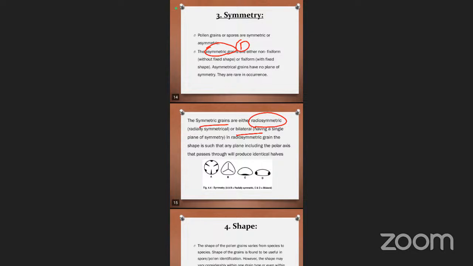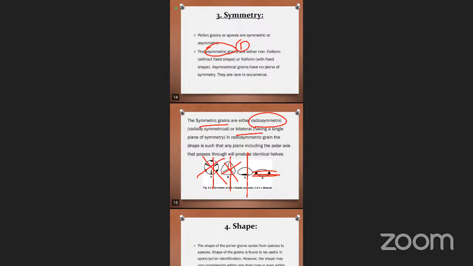For example, in diagram A, if you cut, you get two equal parts, and in diagram B also, equal, equal, equal. But in diagrams C and D, if you cut in this plane only, it gives two equal parts. That is called bilateral symmetry.